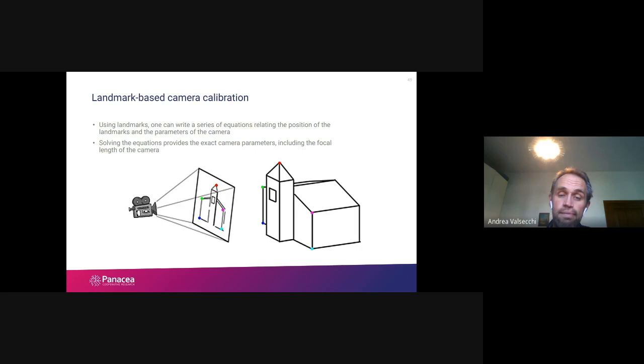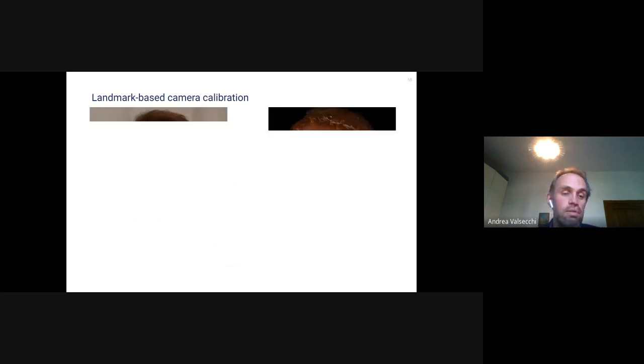So you can solve this system of equations. Again, in a computer; you cannot do it by hand, it wouldn't make sense. I cannot do it, definitely. Maybe you can. By solving these equations, you get the exact camera parameters to get an overlap of the landmarks, right? That's everything we want.